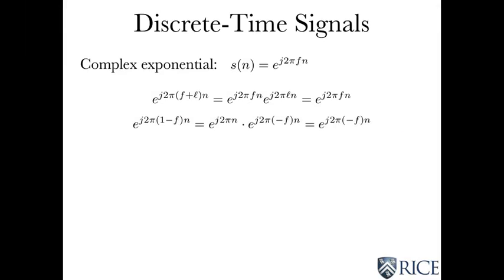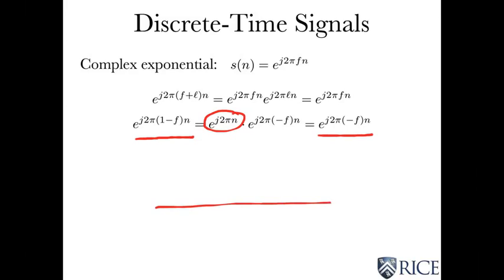So f is periodic with period 1. And it turns out, let's consider this complex exponential, which has a frequency of 1 minus f. And if you go through all the math, again, that's 1. That's the same as the complex exponential at negative frequency.